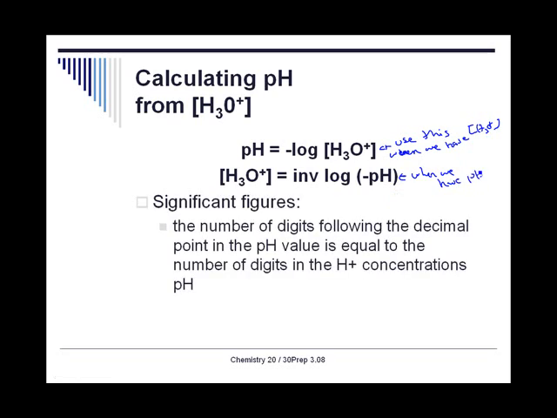In terms of significant figures, the number of digits following the decimal point is how we calculate our significant digits. And I'll just give you a reference in our textbook as well so you can read about what I'm talking about here. So in your textbook, for this number of significant digits, see page 773.